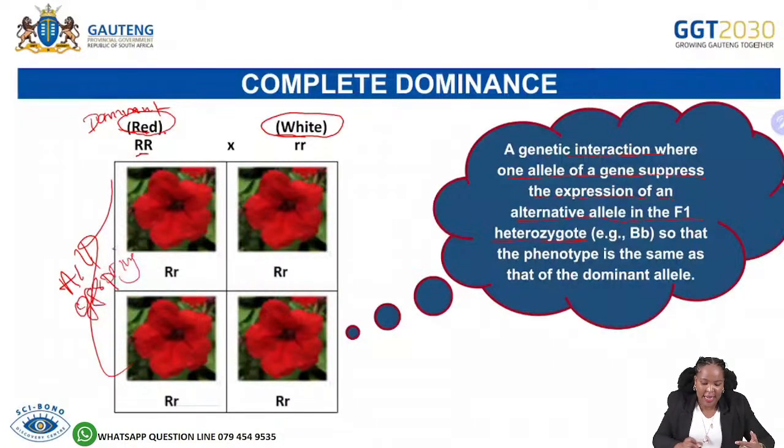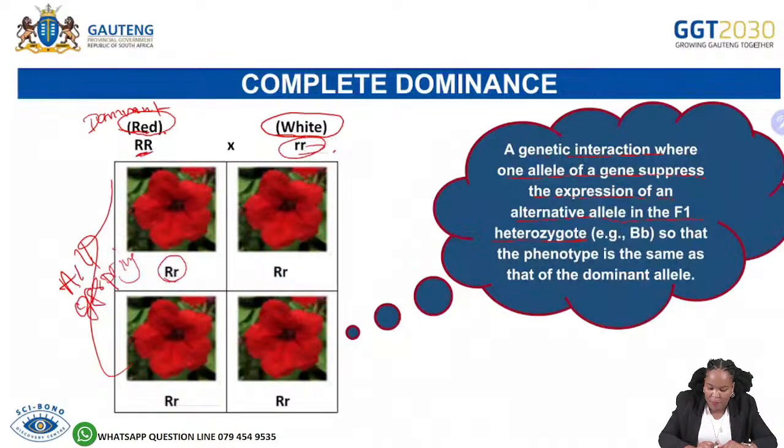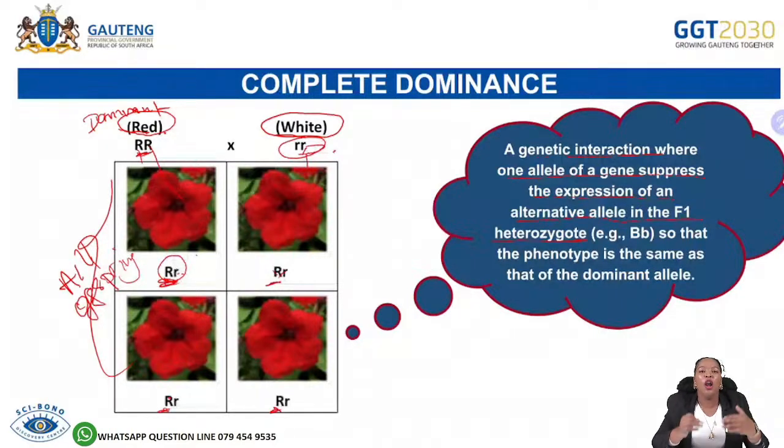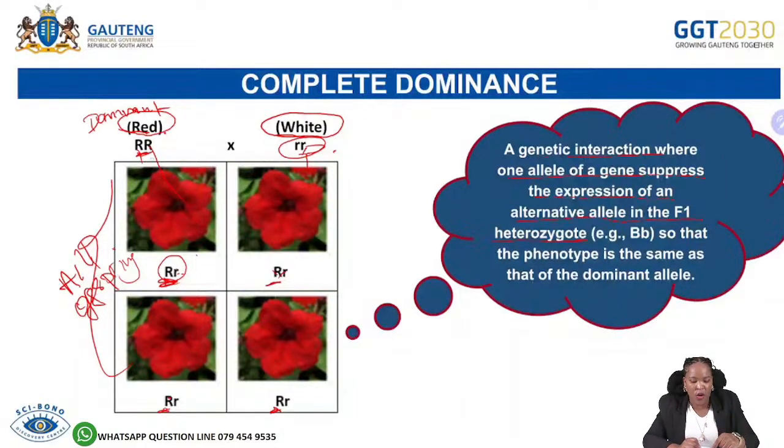It tells you that red is completely dominant over white. White can only be expressed in a homozygous recessive. How do I know red is dominant? Because I see the big letter R. All the offspring will have big R from one parent and small r from the other: Rr, Rr, Rr. But because the big R is in all the offspring, all the flowers will be red. That is complete dominance.